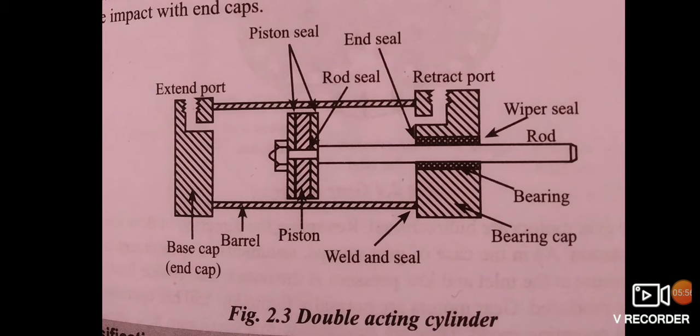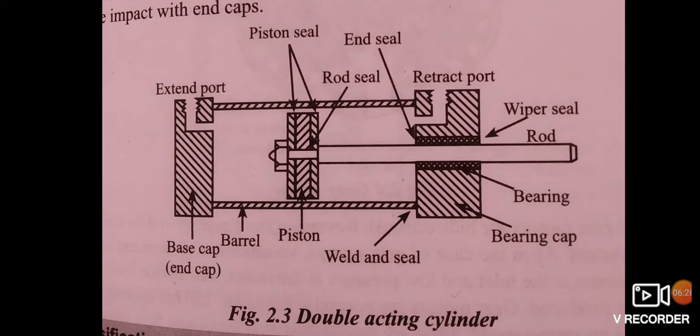Now, the end caps may be attached to the tube by threaded connection, welded connection, or tie rod connection. The piston seal prevents metal to metal contact and wear of the piston head and the tube. These seals are replaceable. End cushioning is also provided to prevent impact with the end caps.